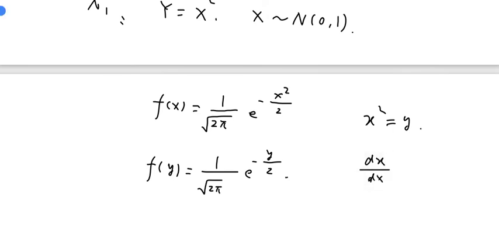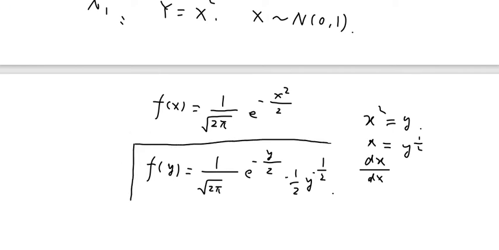Here x equals y to the half, so this equals half y to the negative half. So this is the density function for the chi-square distribution with degree of freedom 1.